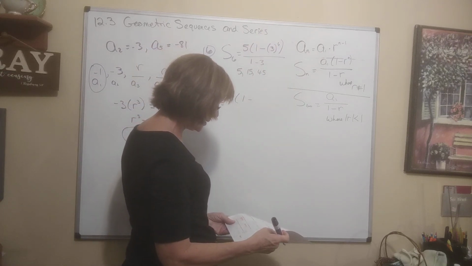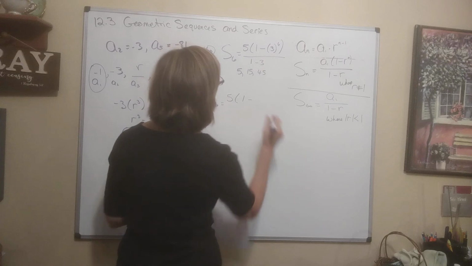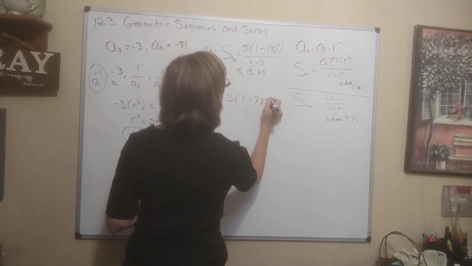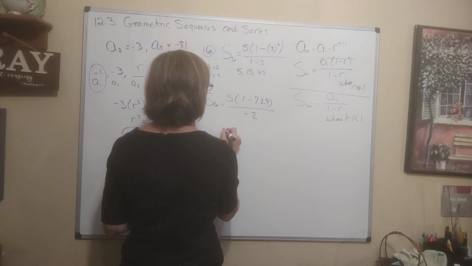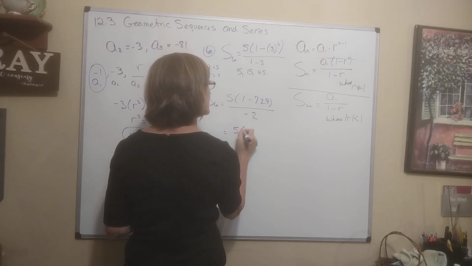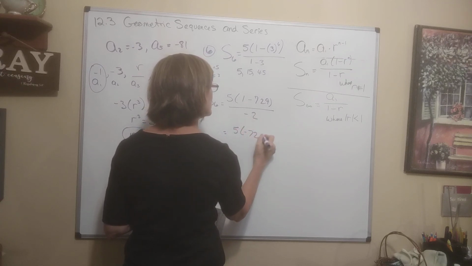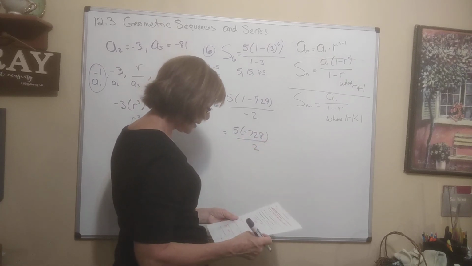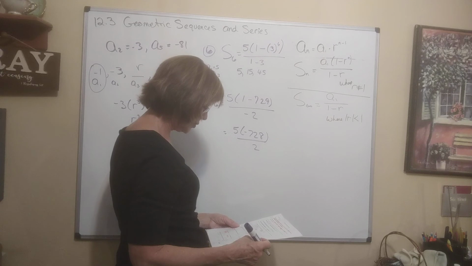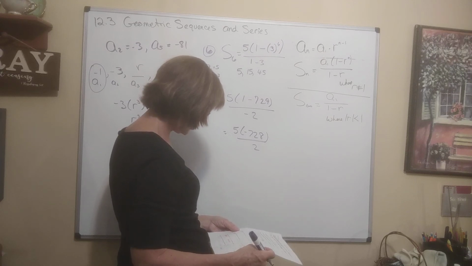I just did this, didn't I? It's 729, isn't it? It's 729 over 1 minus 3, which is -2. So this is equal to 5 times -728 over 2. And let me see where I did this. Oh, I got something different.